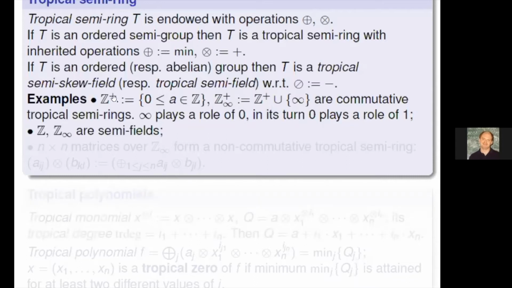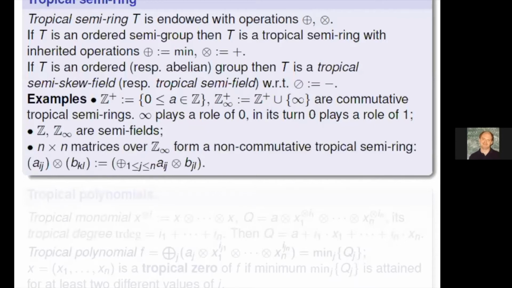Say, if you consider not the non-negative integers, but the total set of integers, then you can talk about semi-fields, because now you have subtraction, which is, I remind you, the tropical division. And an example of a non-commutative tropical semi-ring is the semi-ring of n by n matrices, say over the latter semi-field.